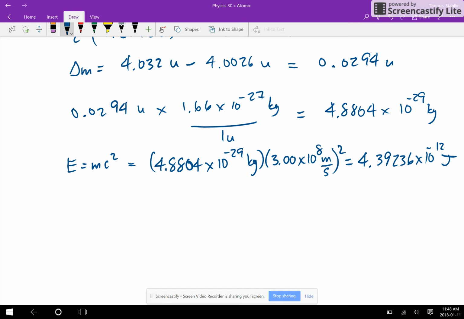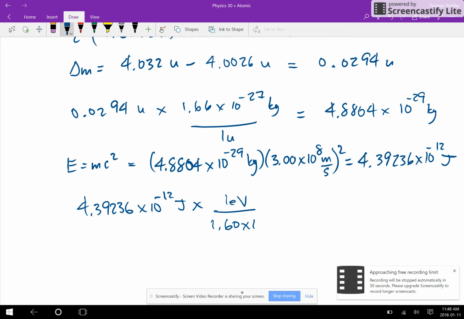So now we have our energy in joules, and we convert it to electron volts. So there's our value in joules, and we know that 1 electron volt is 1.60 times 10 to the negative 19 joules.